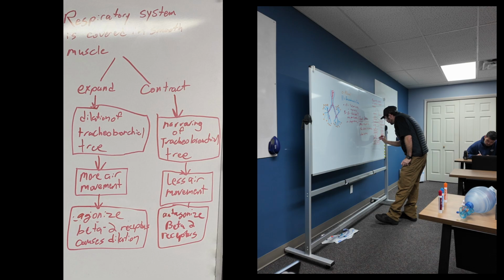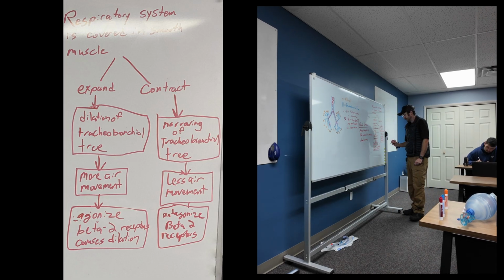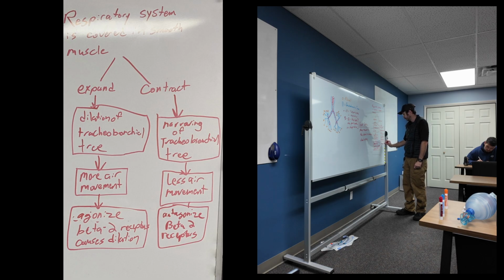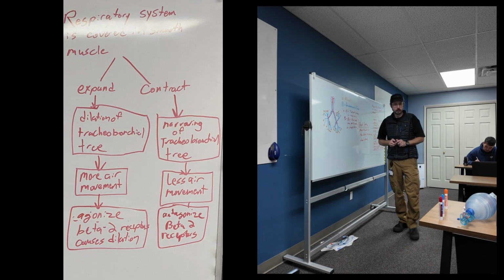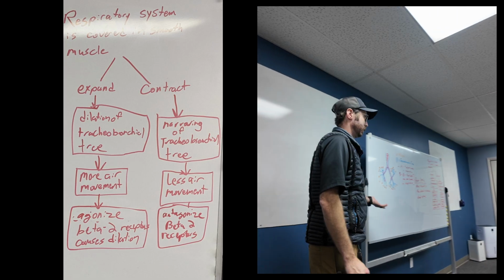For some reason, I didn't realize your question was just surface level. So if those beta 2 receptors are antagonized, we get constriction.